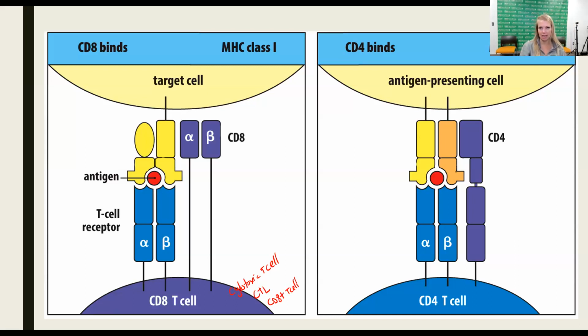So those three names are used interchangeably, and depending on what you're reading, who you're talking to, what the context is, any one of those three names can be utilized to describe a CD8 positive T cell or a cytotoxic lymphocyte. But associate CD8 with intracellular antigen and MHC class 1. Those three things go together.